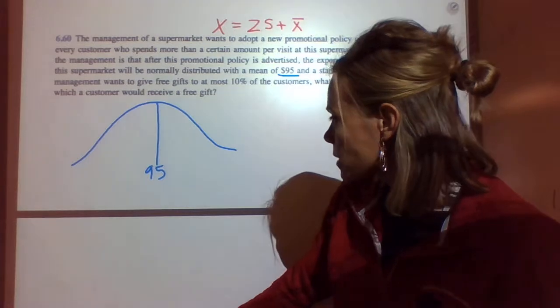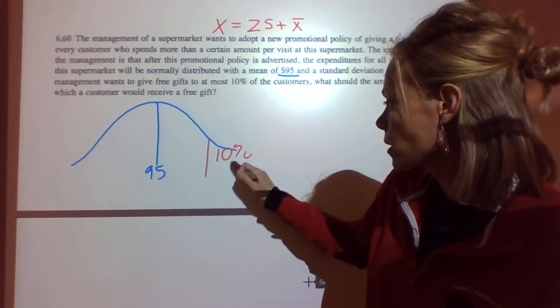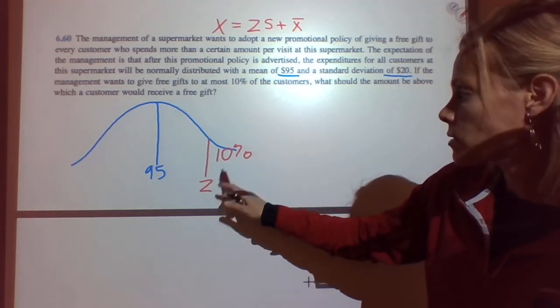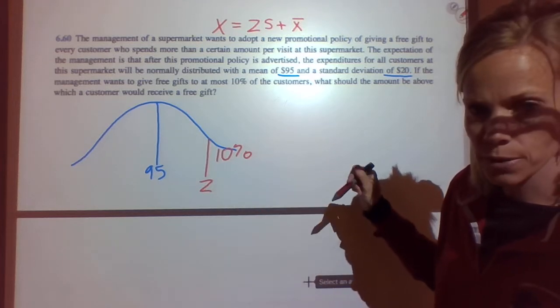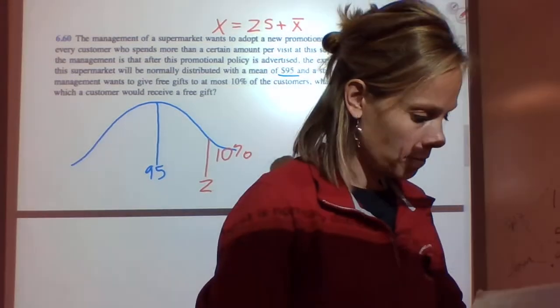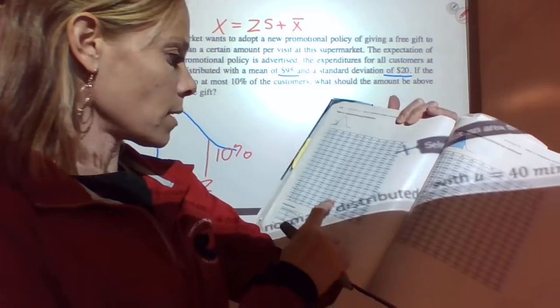So I'm looking at a 10% that's up here. So I want to know, what is a z-score that equals 10% that I can convert to a raw score? So in my book, I'm looking for 10%. So what is that as a decimal? 0.1. So I'm looking at 0.1.